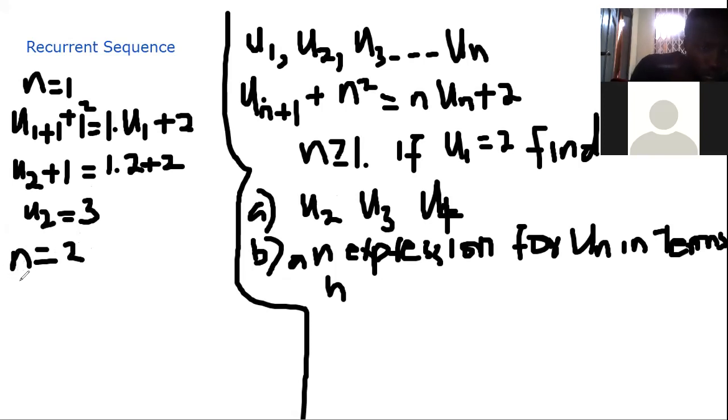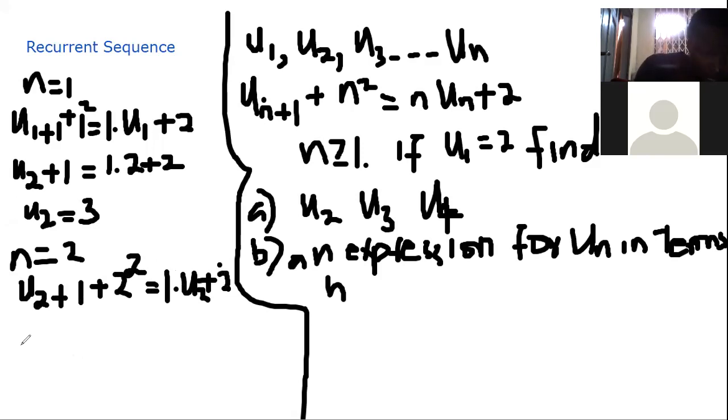We use the same expression: u3 plus 2 squared is equal to 2 times u2 plus 2.